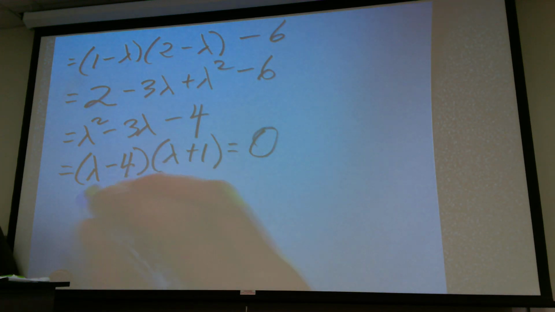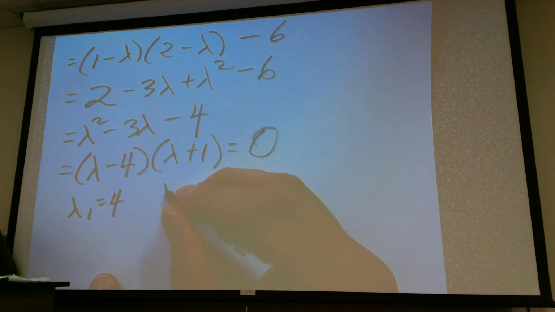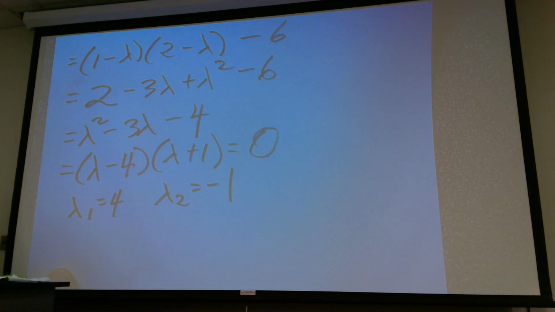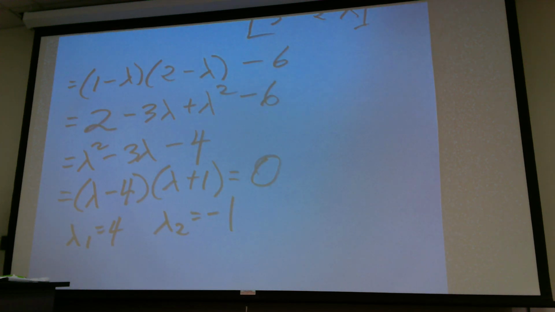Okay, so that tells me that lambda 1 is going to equal 4, and that lambda 2 is going to equal negative 1. Okay, great. Means we solved step 1. Okay, now let's go to step 2.